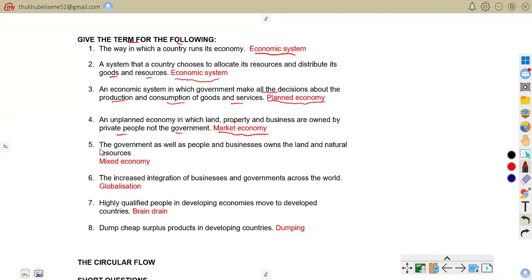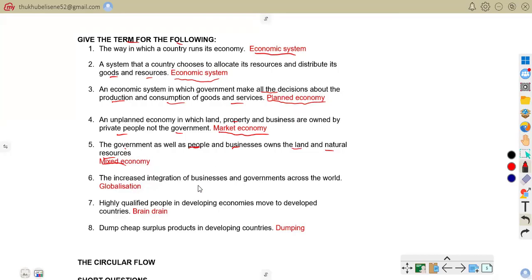This is what we exactly talked about. The government as well as people and businesses own the land and natural resources. So once we are saying government and people and businesses, you are talking about the mixed economy.